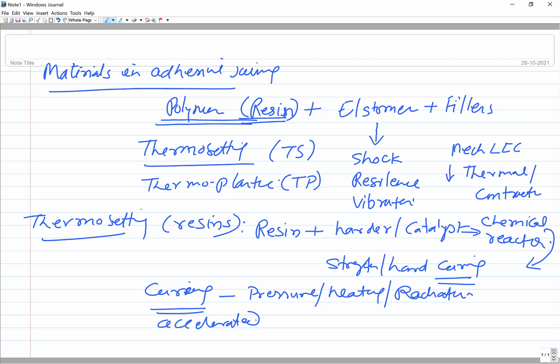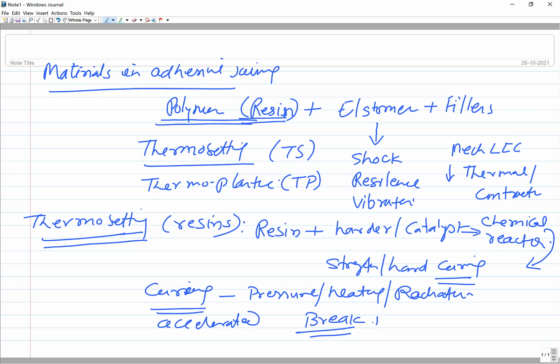Okay, so there are different types of thermosetting and thermoplastic kind of resins. In case of thermosetting resins, once this reaction is complete, things have been hardened. So you cannot separate the joint. If you have to separate, you have to break the joint.